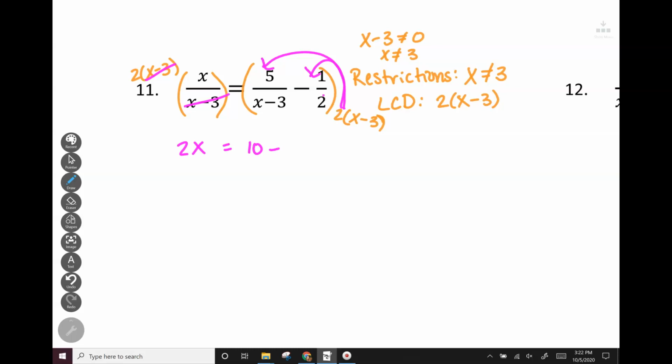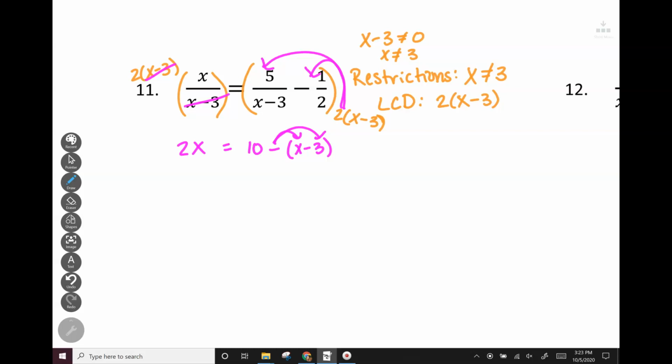On the second one, the 2's are going to cancel, the 2 that I'm multiplying, and then there's a 2 in the denominator, so those 2's are going to cancel. So you're just left with x minus 3. Make sure you put that in parentheses because you need to distribute the negative right here. The minus needs to be distributed.